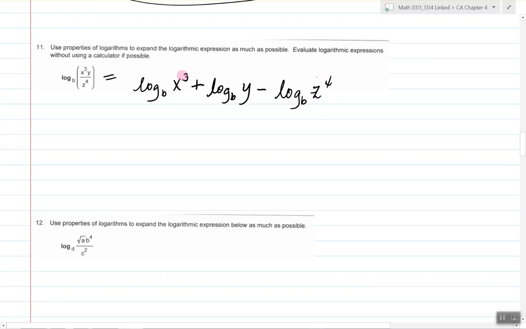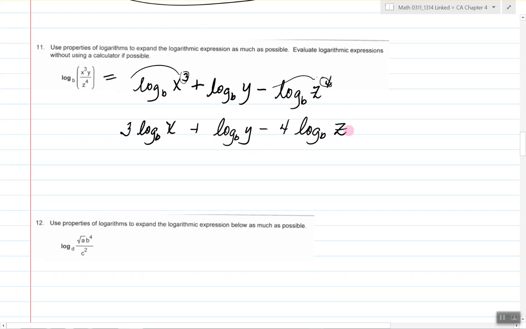So I will use the power rule. That gives me 3 log base b of x plus log base b of y minus 4 log base b of z. Just an x, just a y, just a z. I'm done.